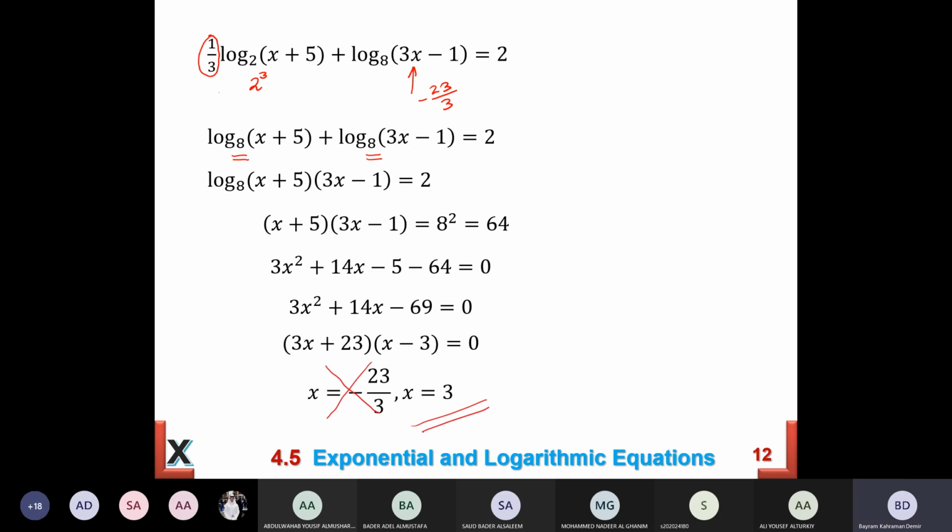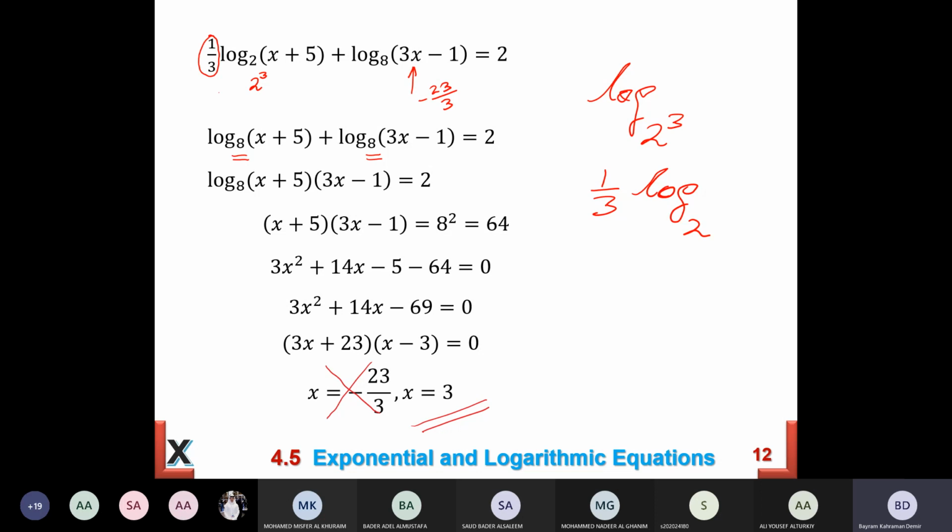All right, Shabab, is anything clear here? All clear. About 1/3, how did we make it a power? Shabab, if you have a logarithm here with 2 power 3, so it becomes 1/3 times logarithm with power 2, right?